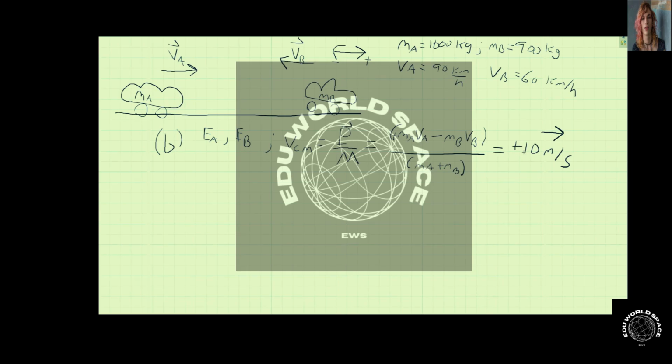And let's make a conceptual check here. If this is the case, we're moving to the right at 10 meters per second. We're moving along with the velocity of the center of mass, right?